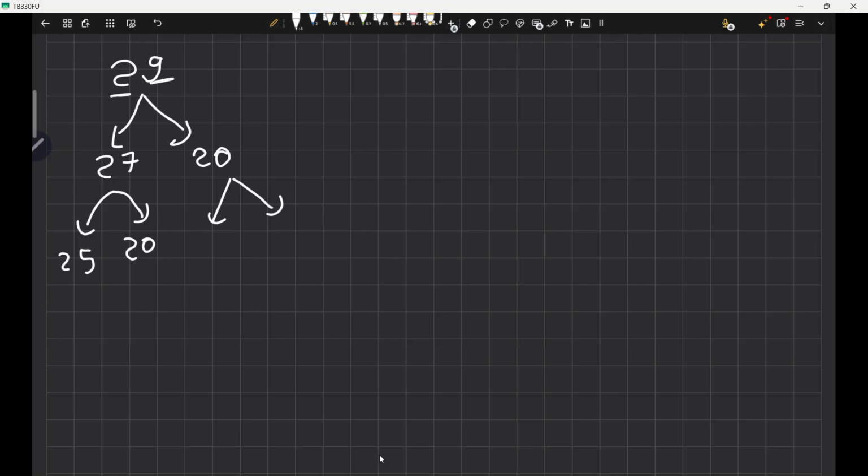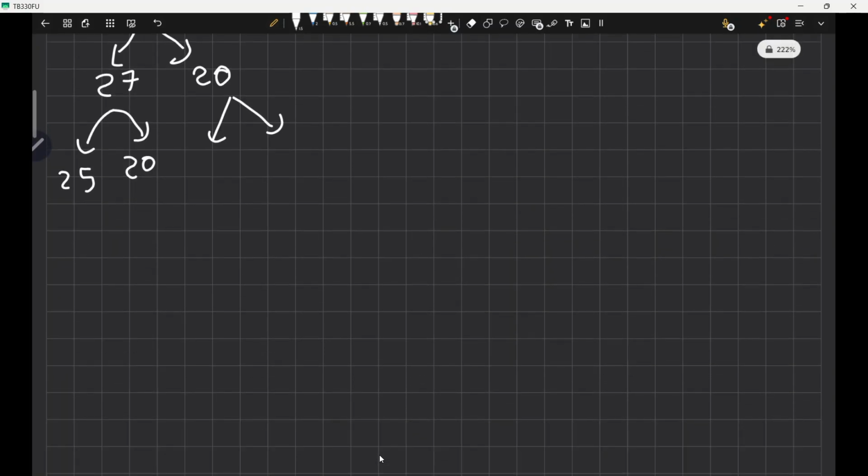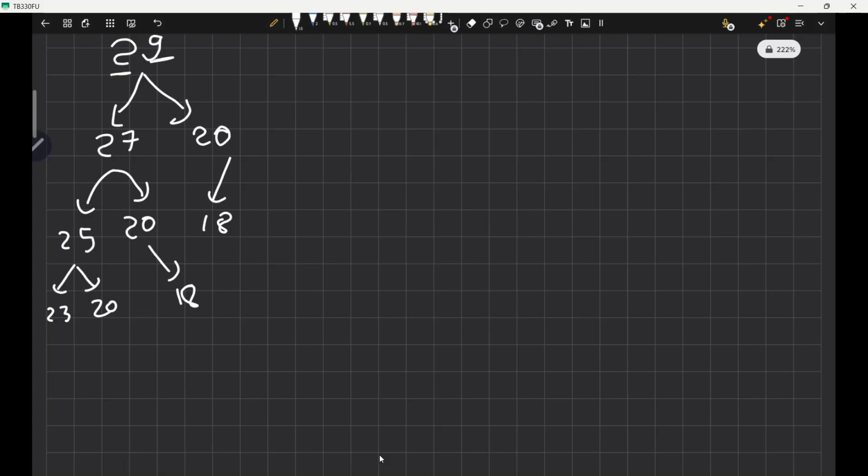In this one, sorry, there is only one case, you can remove only 2. This will give you 18. Here also there are two cases. It will make 23, 20. It will make 18. You can see that there is a big subtree.